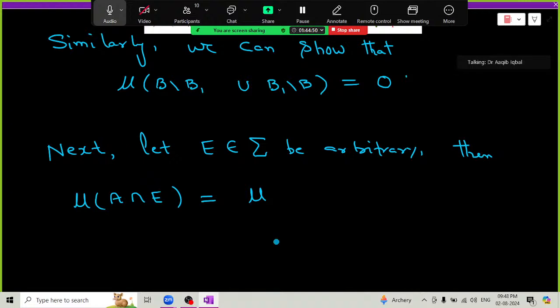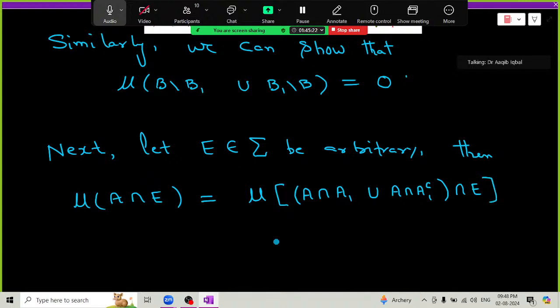I'll write this A as A intersected with A1 union A intersected with A1 complement. अब देखिए this will be A because A common आएगा, so it will be A1 union A1 complement, that is X. So this is A intersected with X, which is A. So this is actually A, and then we have intersected with E.